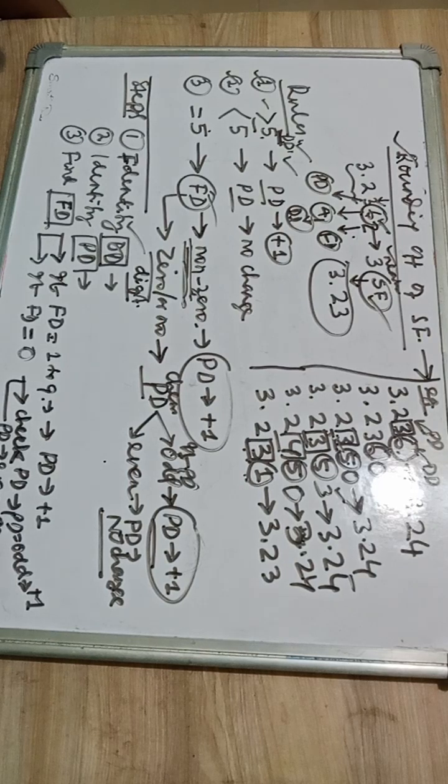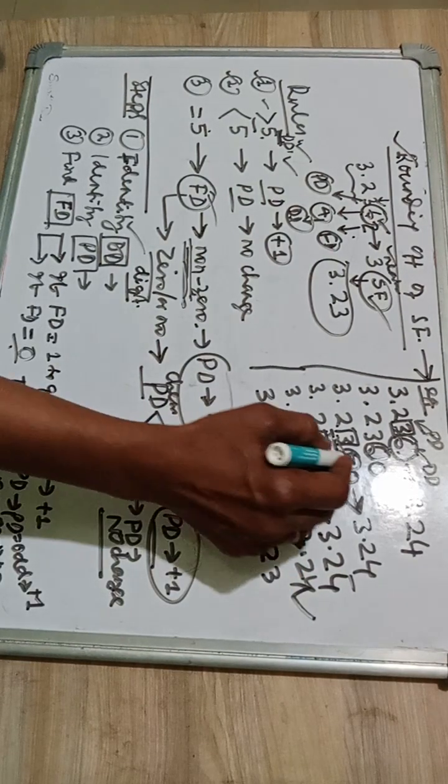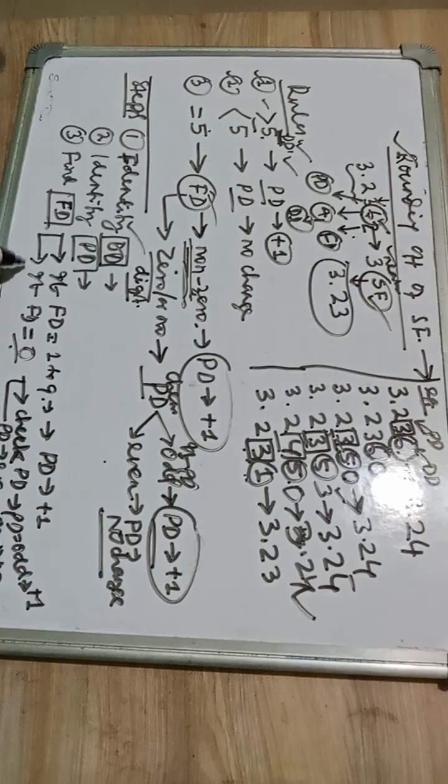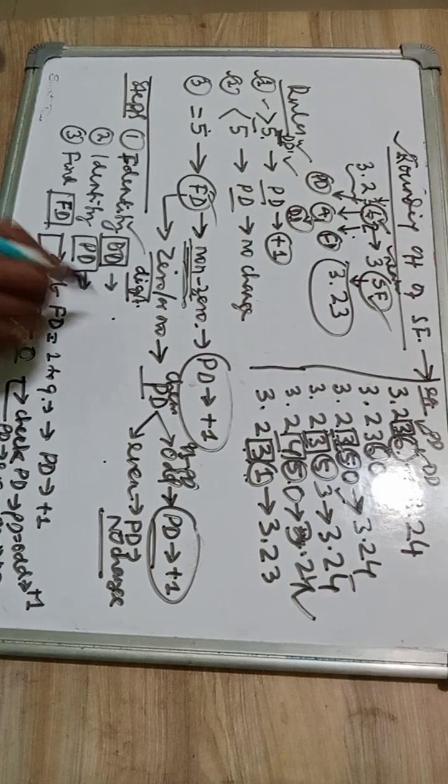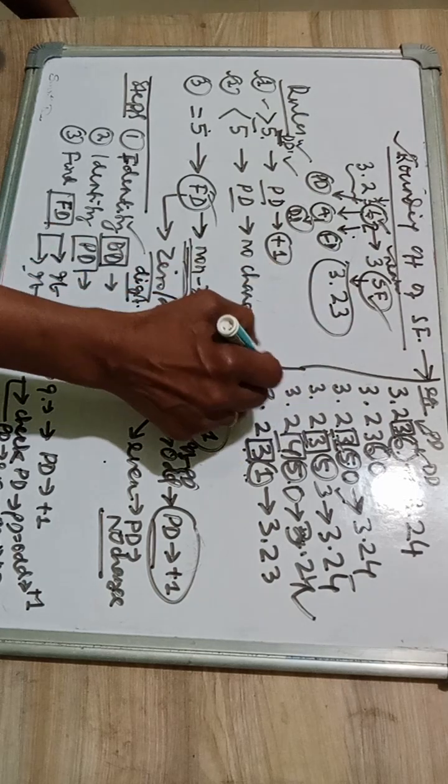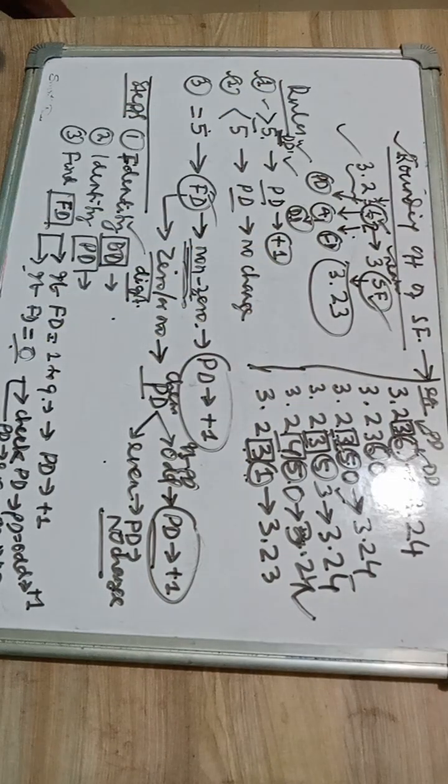That means PD is even, so PD has no change. Similarly, whether 0 is there or no digit there, this rule will be valid. In this way, we'll do rounding off for all digits.